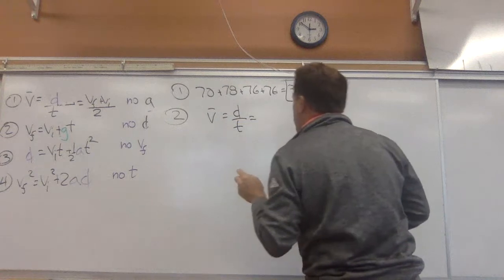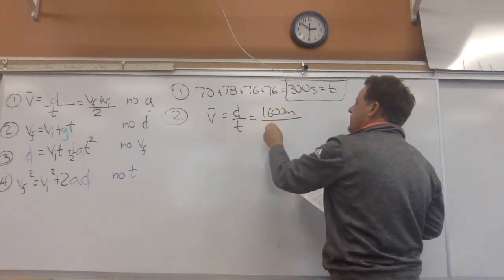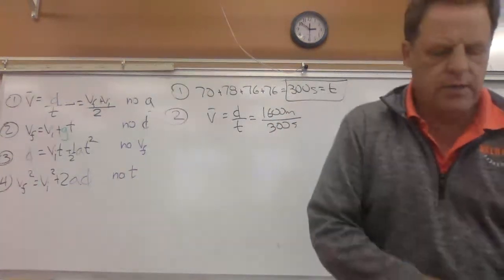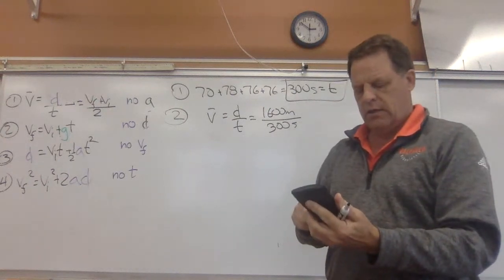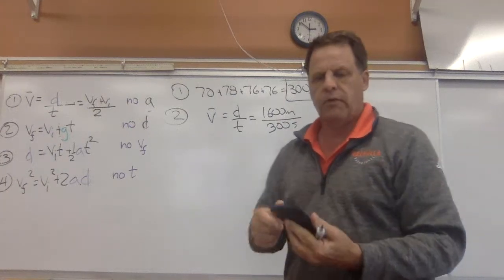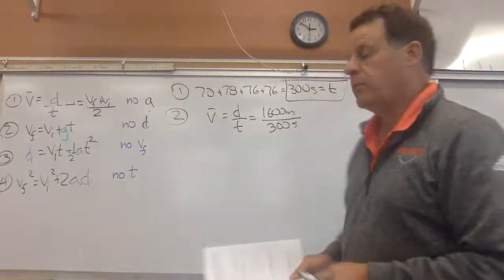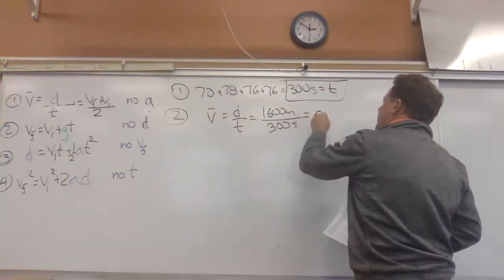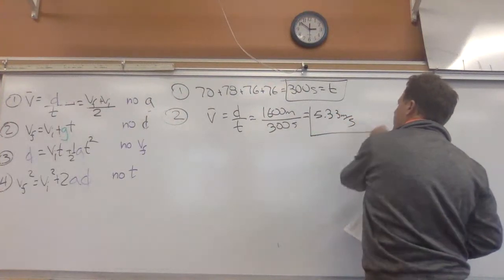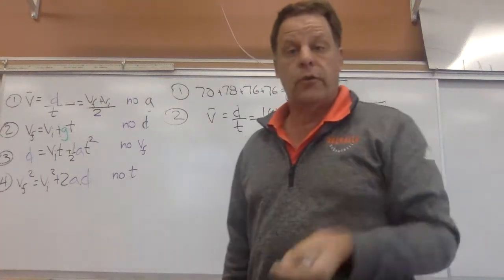Therefore, we have 1,600 meters divided by 300 seconds. 1,600 divided by 300 gives us 5.33 meters per second, and that is equal to the average velocity for the first runner.